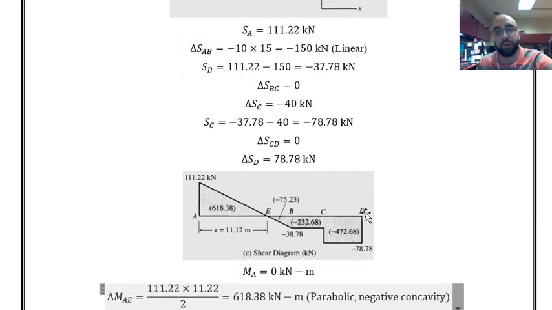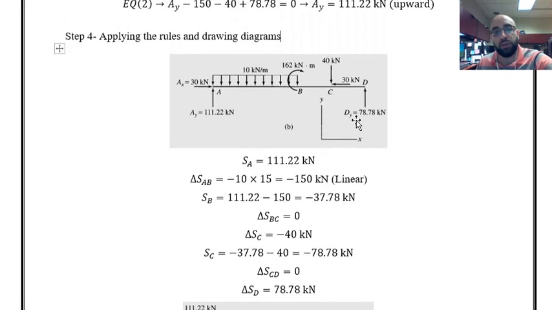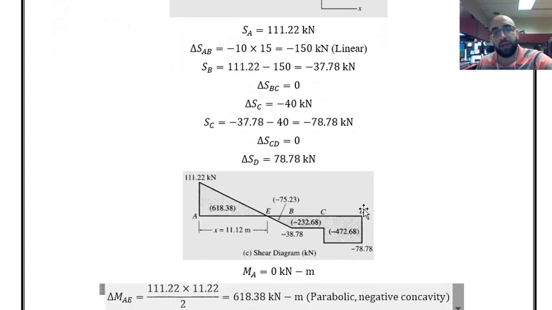That's what we have over here. Minus 78.78 was the shear before reaching point D. At point D, we have the reaction, and then applying that, the shear at the end of the beam is equal to 0. So applying the rules based on the relationship between shear force and bending moment, we could find the shear diagram like this.